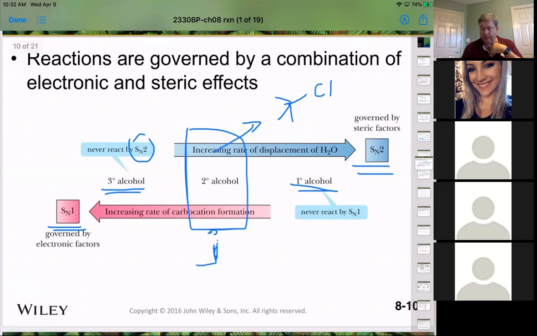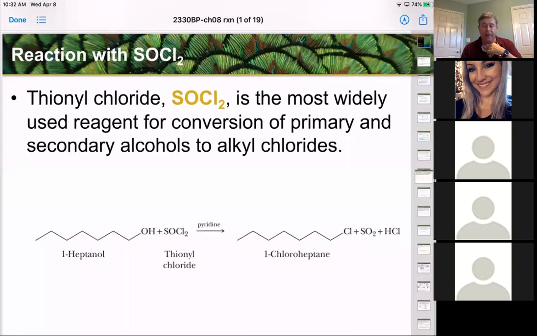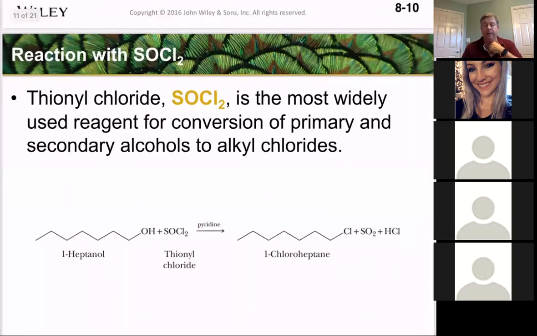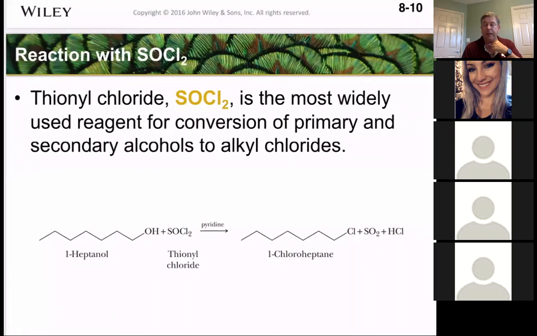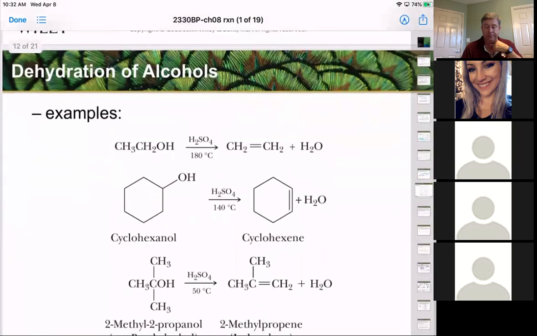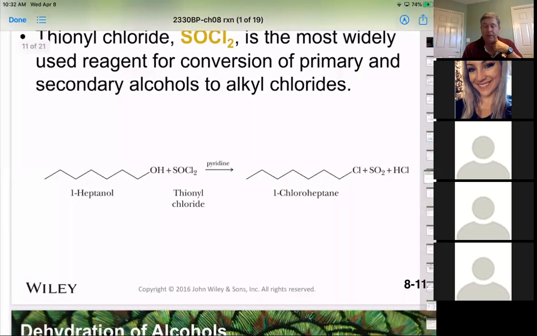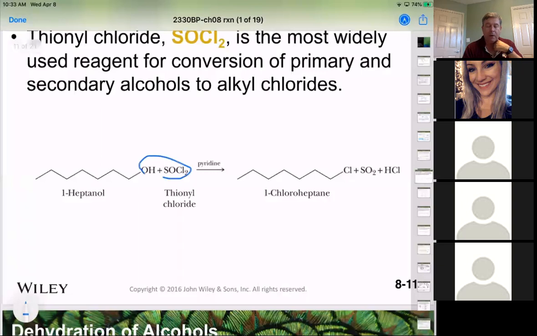Okay, I think that is the last major reaction. Oh, yeah, okay. So we can also do what we call the thionyl chloride reaction, okay? And the reason this works is the fact that we actually are forming a better leaving group, okay? So the idea is that the sulfur compound actually reacts with the alcohol here to make a better leaving group.